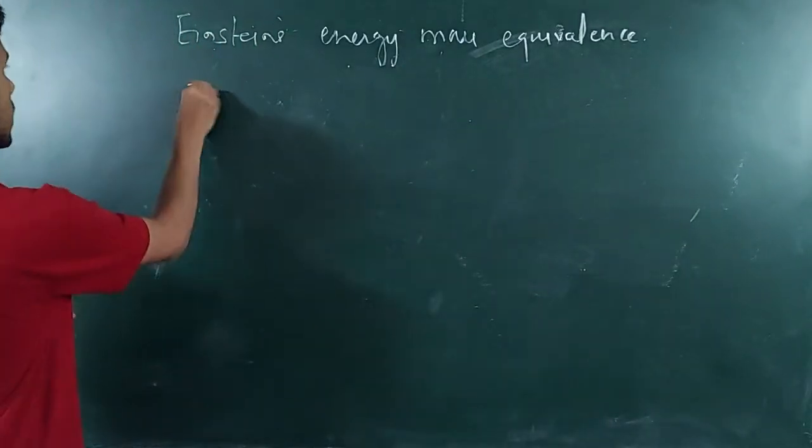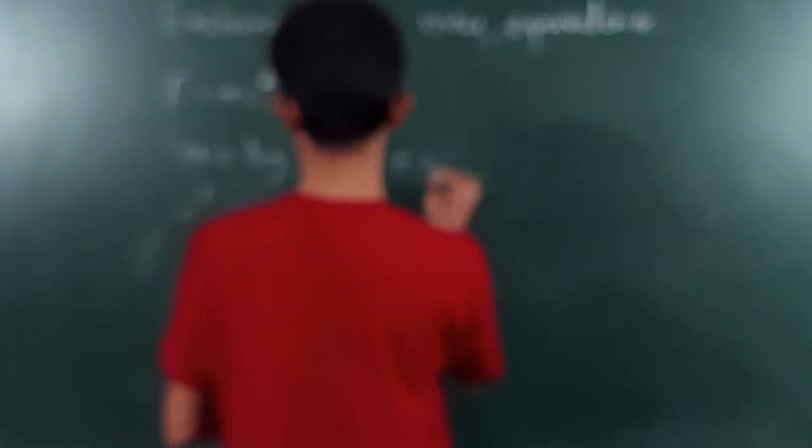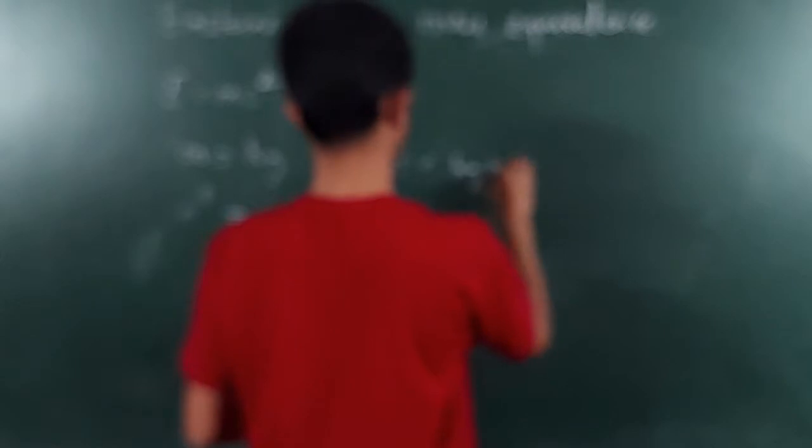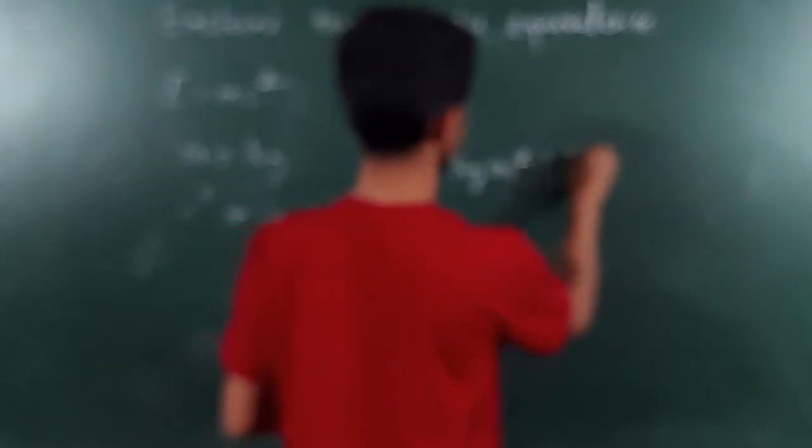So the expression is E is equals to mc square. So tell me, mass is in kgs, c square, which is the speed of the light, it is meter per second square. So I can say that E is equals to kg meter square per second square.